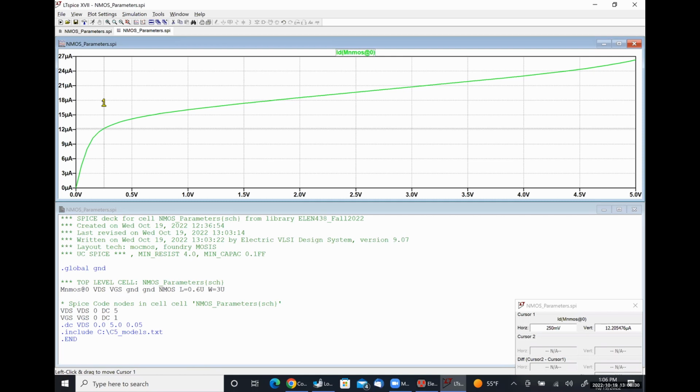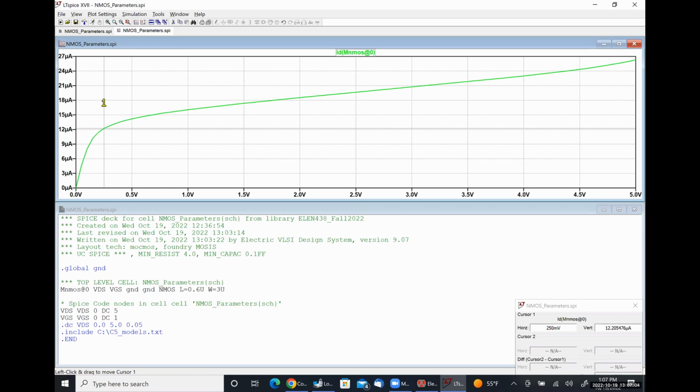Let's call it 400 microamps per volt squared so that we have a nice roundish number to deal with. Again, we're just approximating things. All right, so let's put that on our table over here. Mu n Cox is approximately equal to 400 microamps per volt squared.